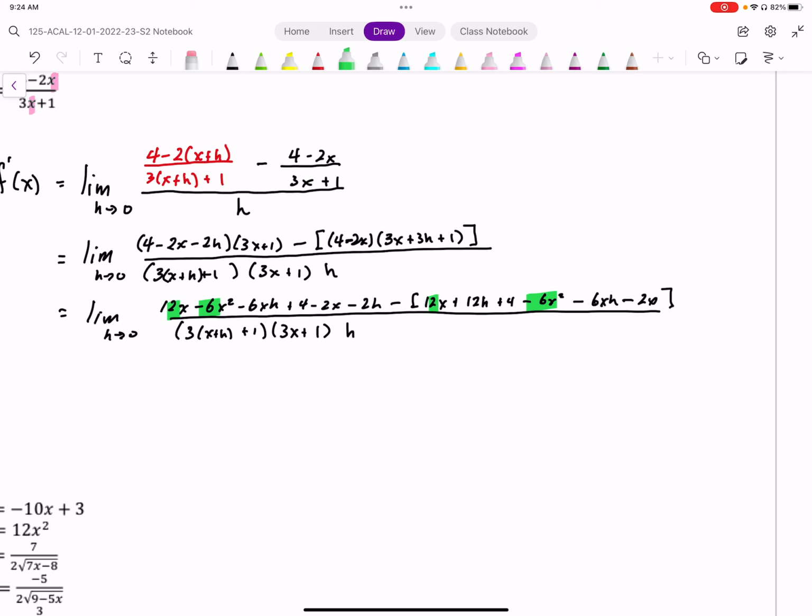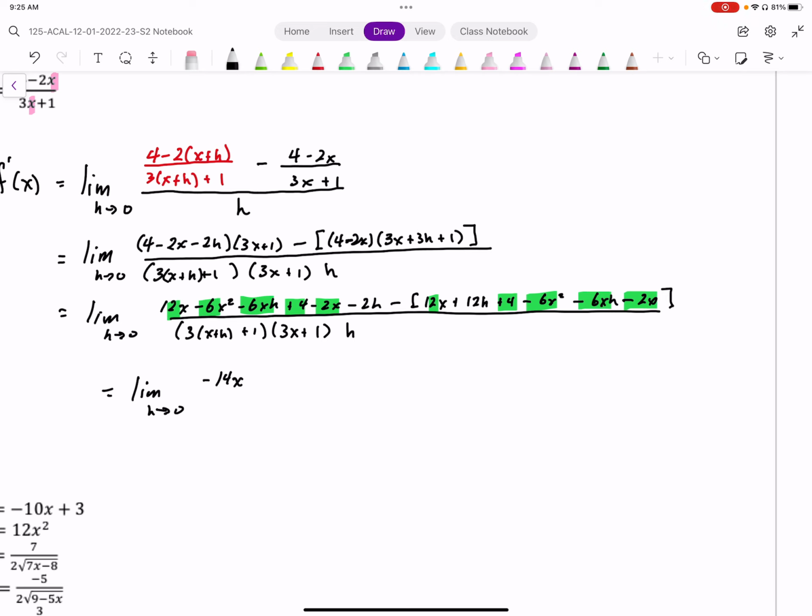Okay, so I'm just going to highlight all the terms that are going to cancel out. So this term is going to cancel out. The minus 2x is going to cancel out. The plus 4s are going to cancel out. And then we have those extra h terms. So simplifying this expression, then I get the limit as h approaches 0. So the leftover terms are going to end up with minus 14x.